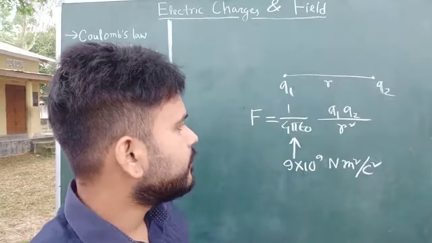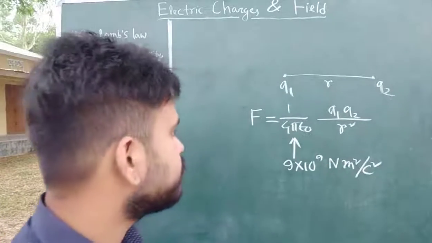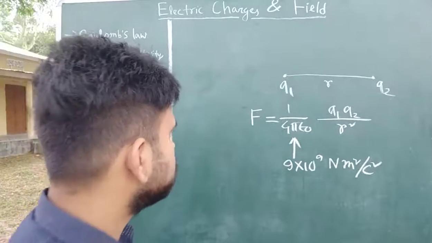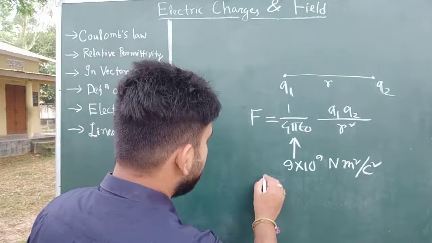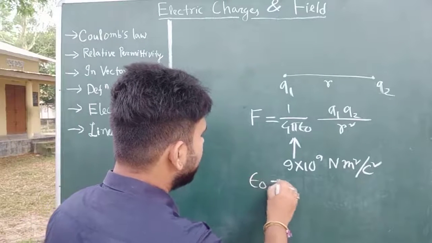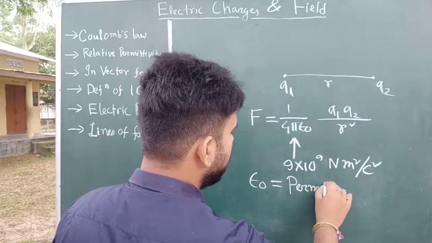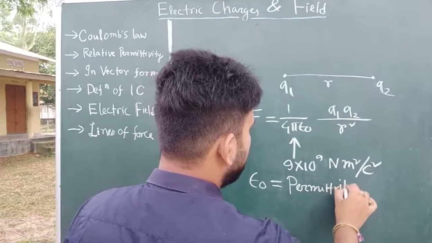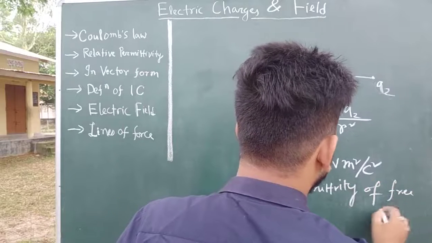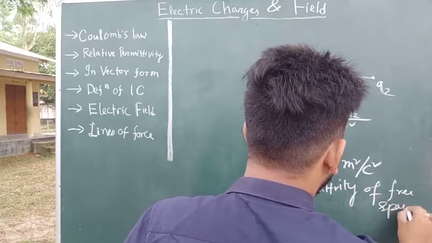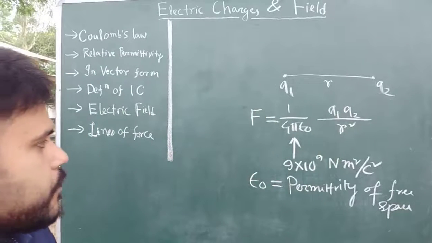Here Coulomb is the unit of measure of charge. And epsilon naught is called the permittivity of free space.